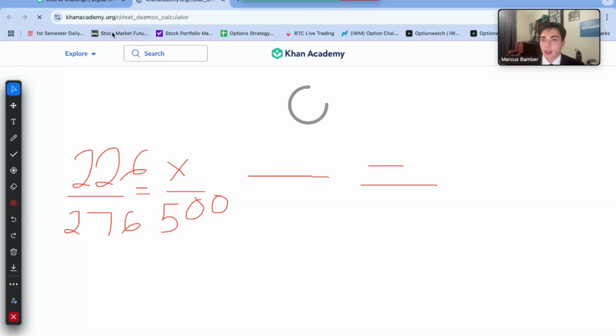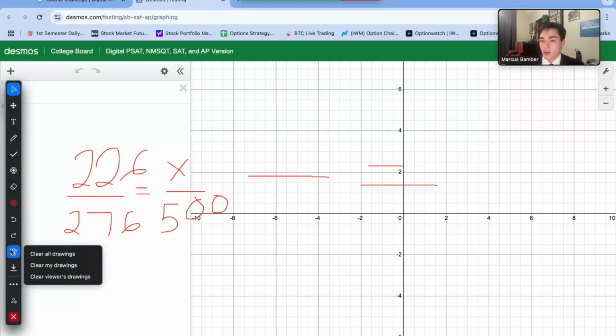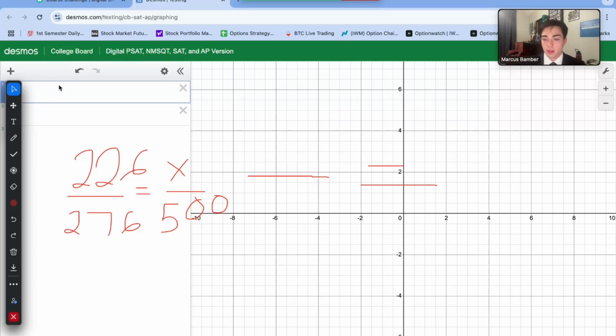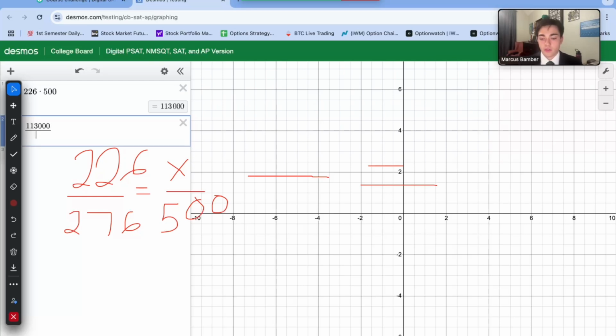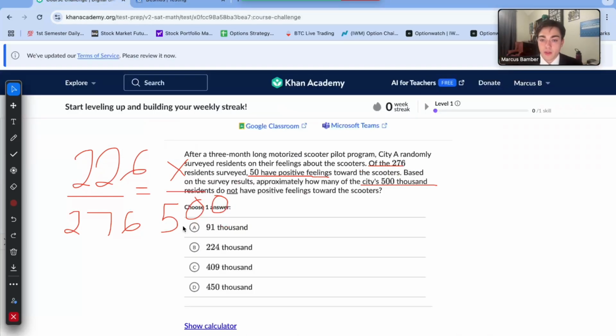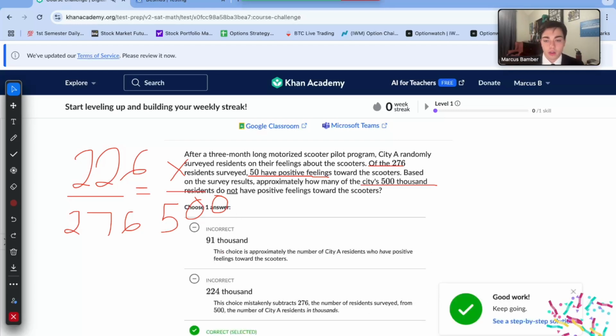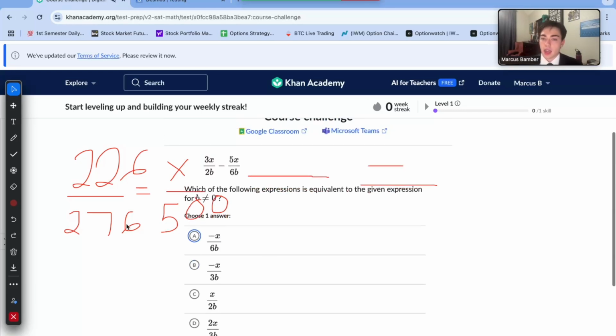We can use our calculator here, which is our Desmos calculator. We can simply do 226 times 500, and then we will divide the product, 113,000, by 276. That is equal to 409, but more specifically 409,000, because of course we simplified all of our units to not include the thousands, so we include it back in the end.